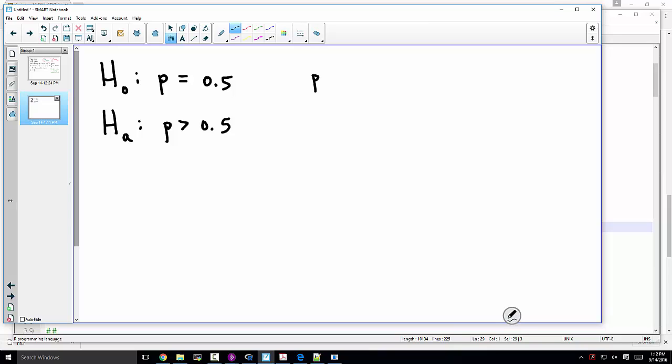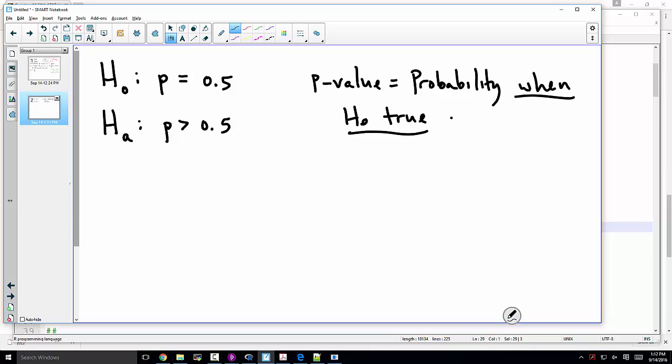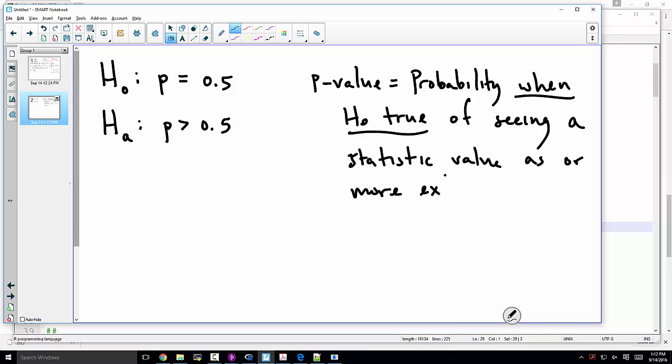And let me just write down, the p-value is the probability, when the null hypothesis H0 is true, of seeing a statistic value as or more extreme as the value we observed.